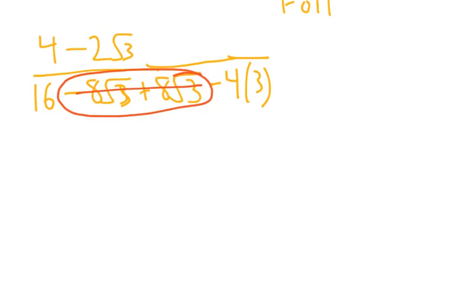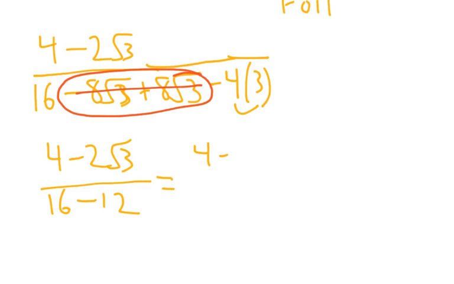And so we continue to simplify this. 4 minus 2 root 3 over 16 minus, and then do some multiplication. 4 times 3 is 12, and then we'll have 4 minus 2 root 3 over 4, and we can reduce these fractions.